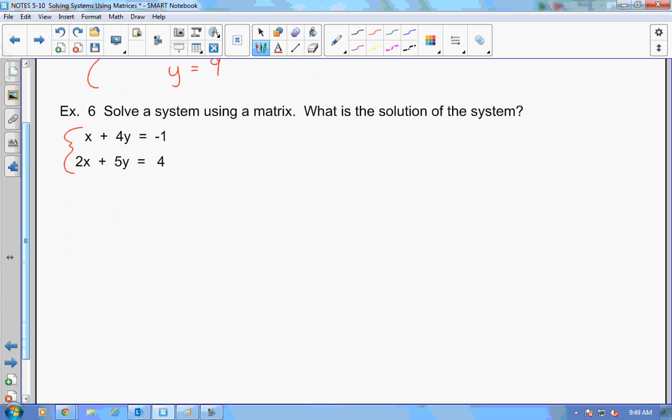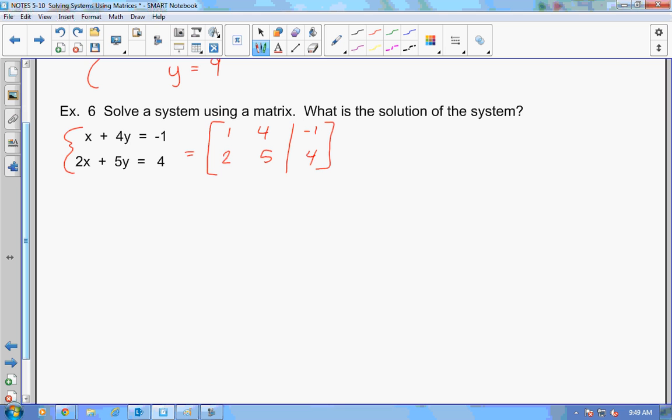Katie, can you tell me what the matrix would be? Great. And the vertical bar, she's right, goes through the equal sign. And we make sure the x's were lined up, the y's were lined up, so we didn't have to rearrange.